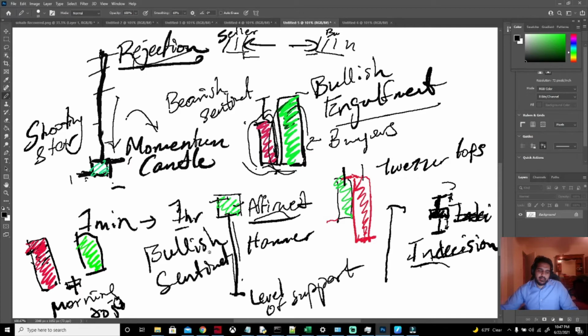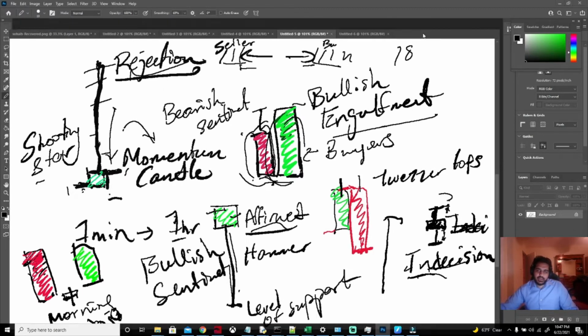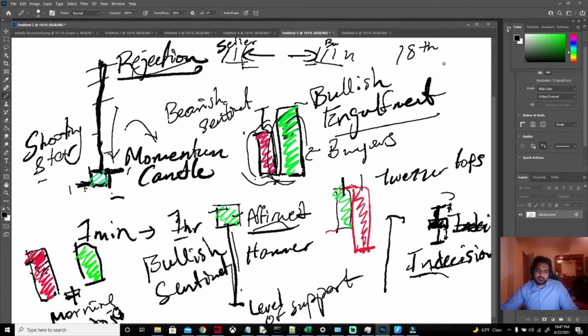And they have funky names for all of these. Mostly these are by an 18th century Japanese rice trader, I believe it is, that built up these patterns from trading rice. He was assessing the value, doing the statistics, and then he built up these patterns.